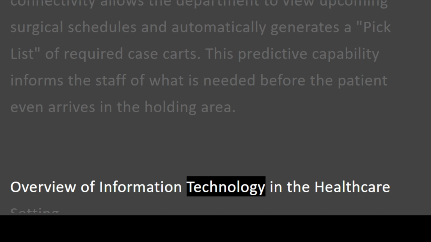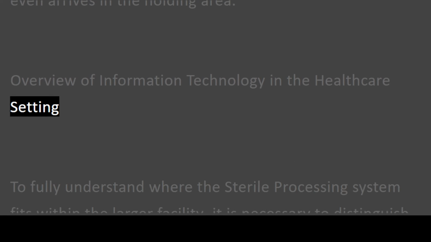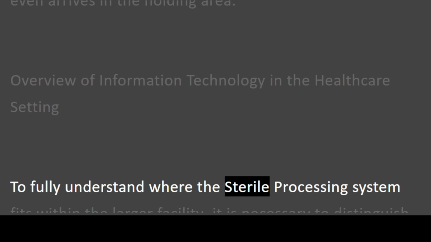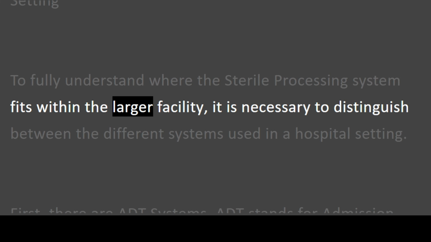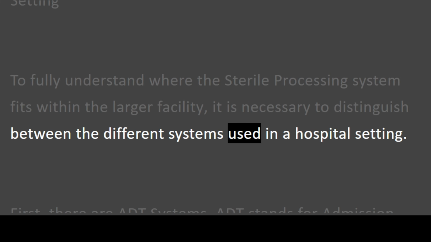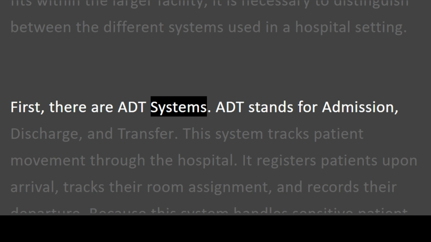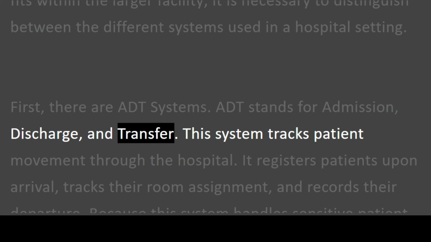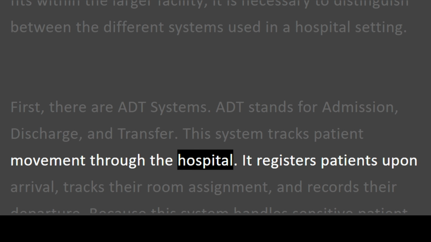Overview of information technology in the healthcare setting. To fully understand where the sterile processing system fits within the larger facility, it is necessary to distinguish between the different systems used in a hospital setting. First, there are ADT systems. ADT stands for admission, discharge, and transfer. This system tracks patient movement through the hospital.